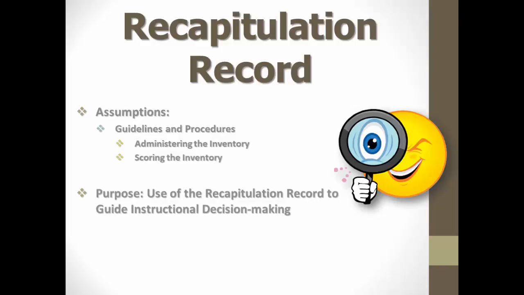Now, the purpose for this PowerPoint is to consider how to use the recapitulation record to guide instructional decision making. So for this PowerPoint, we're going to be looking at a case designed to find a comprehensive analysis of a student's reading performance so that we could establish both reading levels and an instructional plan.